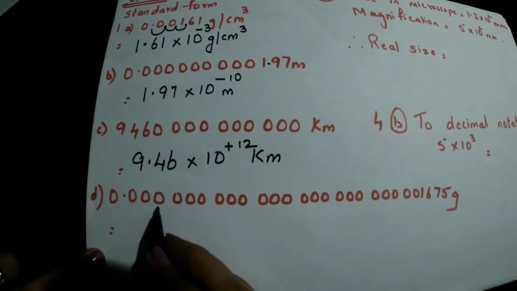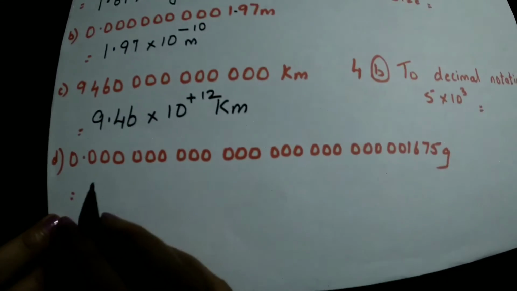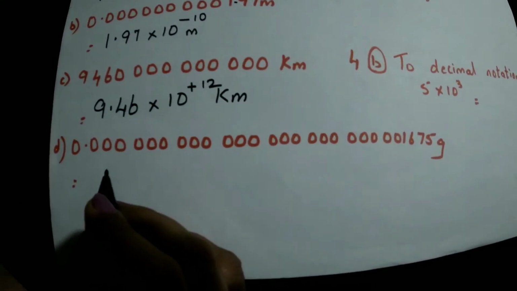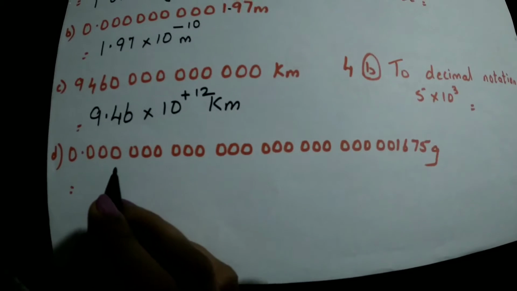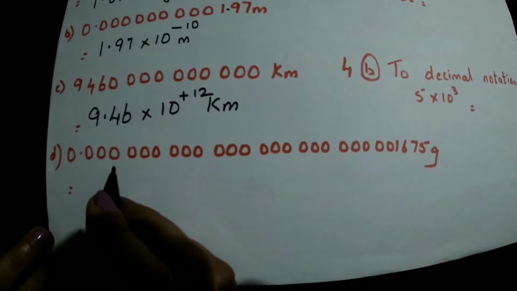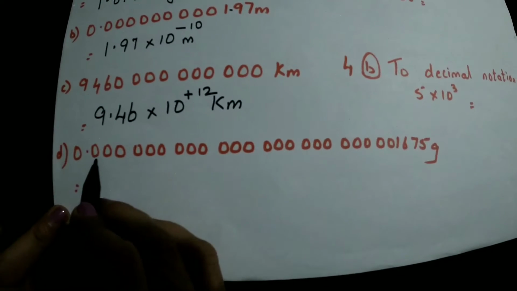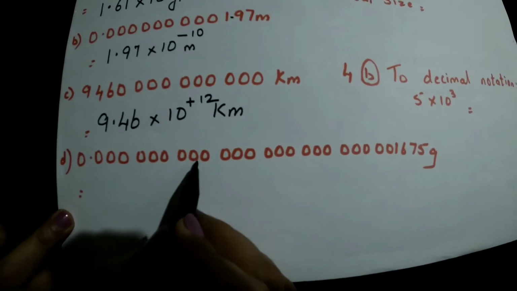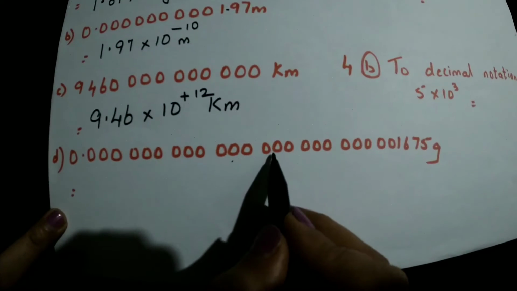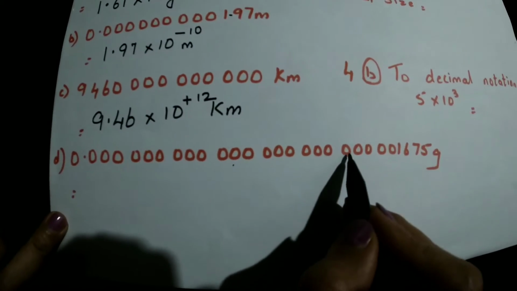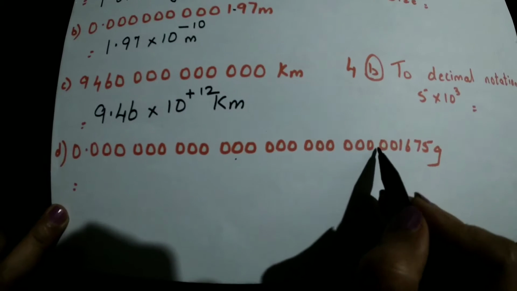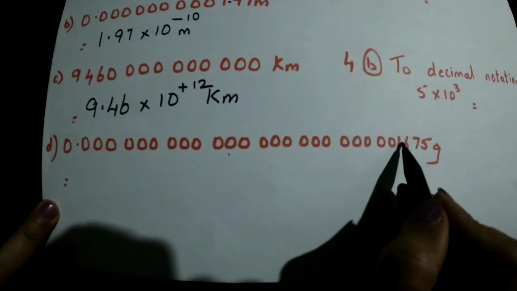The next one is quite a big number, where it says the mass of neutron is given several zeros and 1675 grams. So here very quickly let me count the number of zeros. It's 3, 6, 9, 12, 15, 18, 21, 22, 23 and 24.